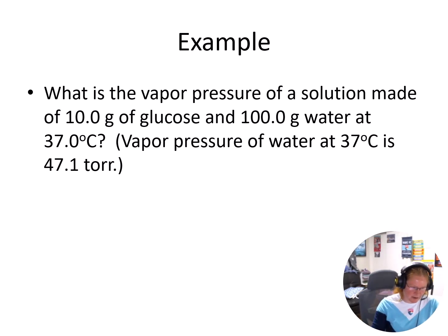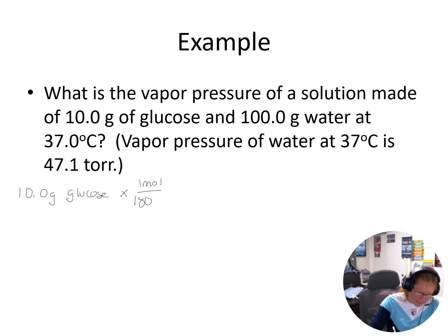We are going to need to know the moles of our glucose and our water for both methods. So let's do our mole calculations. 10 grams of glucose times 1 mole per 180.156 grams gives us 0.0555 moles of glucose.